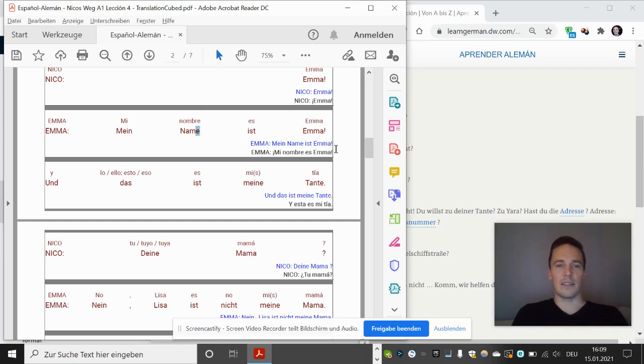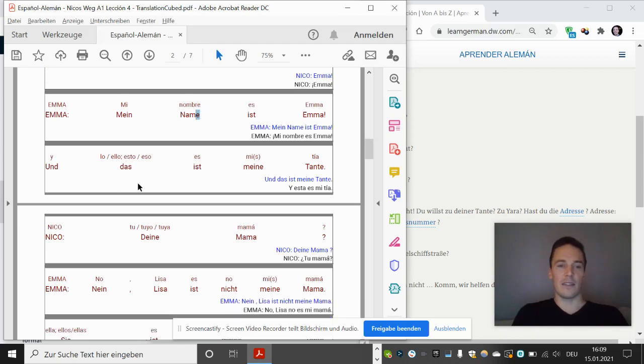Mein Name ist Emma. Und das ist meine Tante. Se ve que la palabra das también es un artículo neutro en alemán, puede significar lo, ello, pero también esto, eso, esta, esa, muchas cosas.